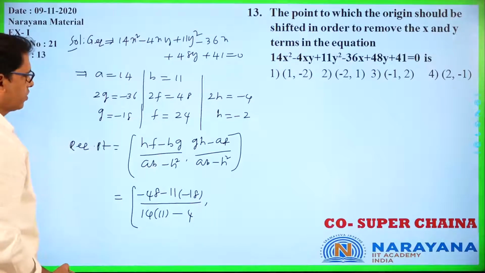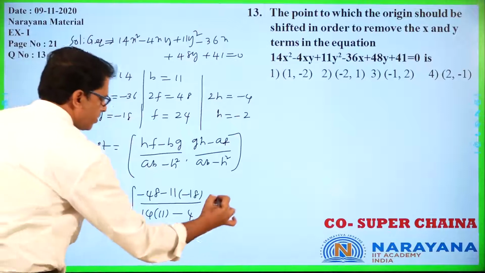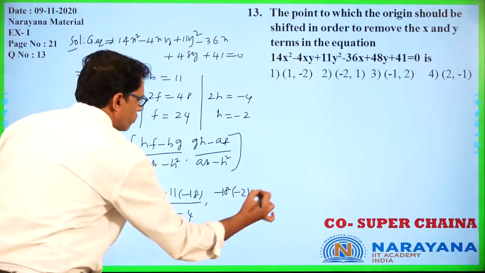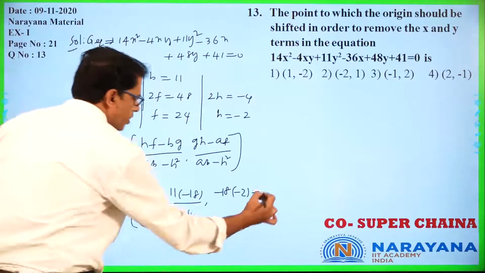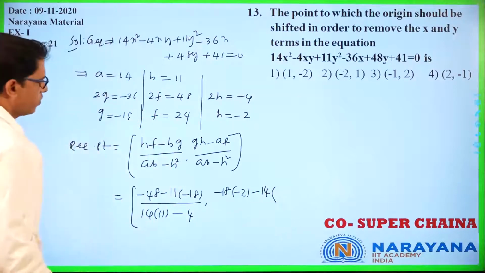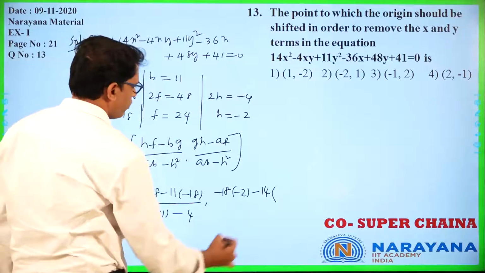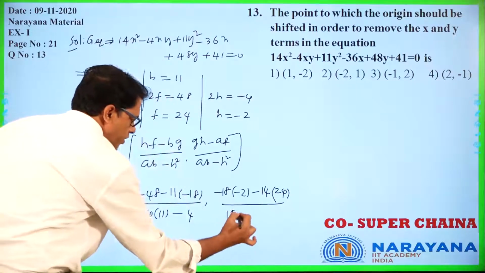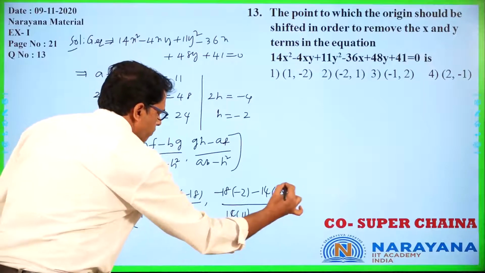Then gh: g value minus 18 into h value minus 2, minus af: a value 14 into f value 24, upon 14 into 11 minus 4.